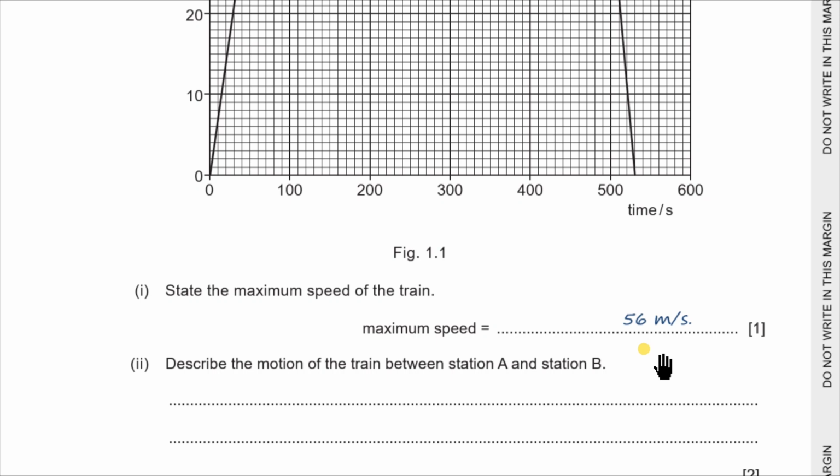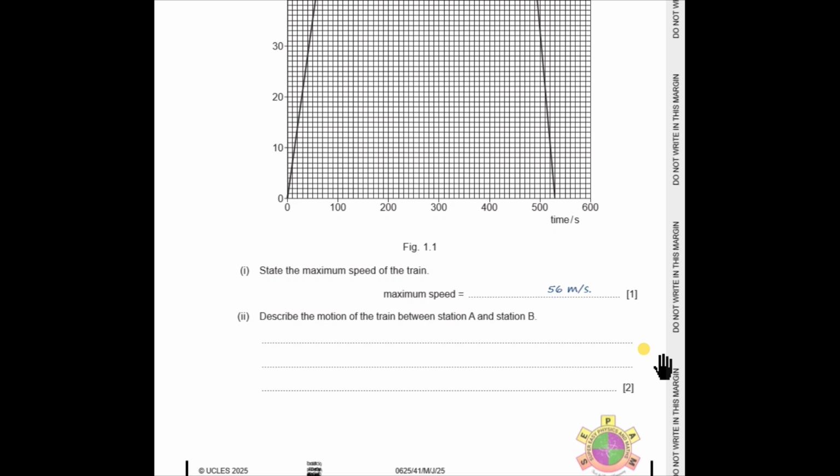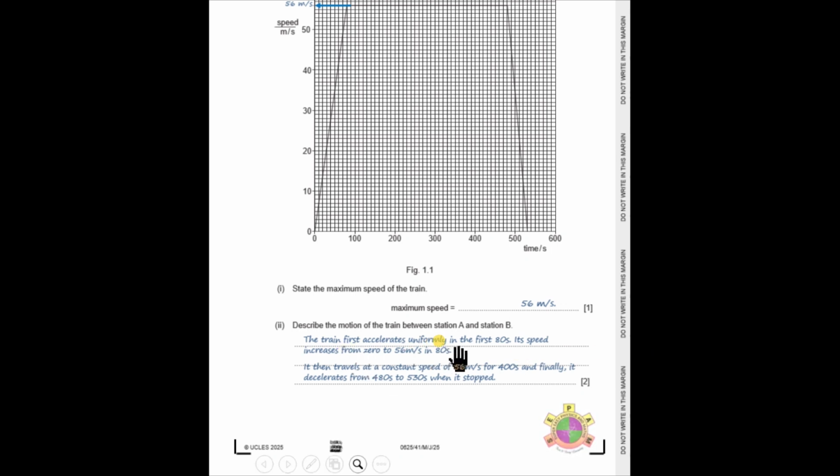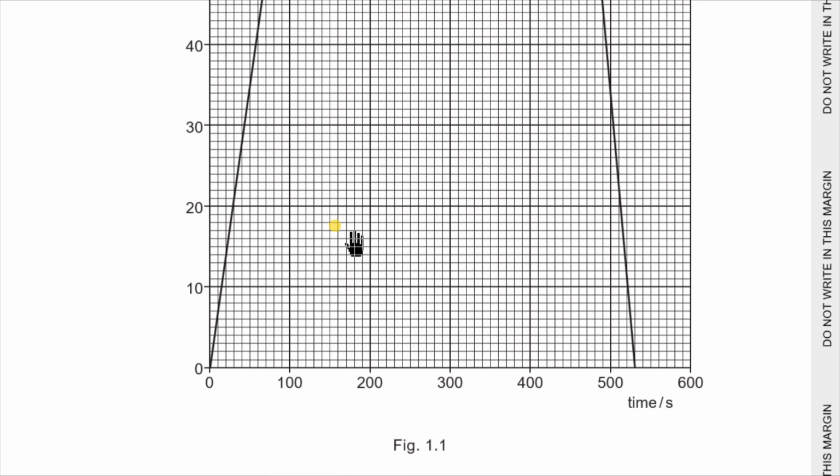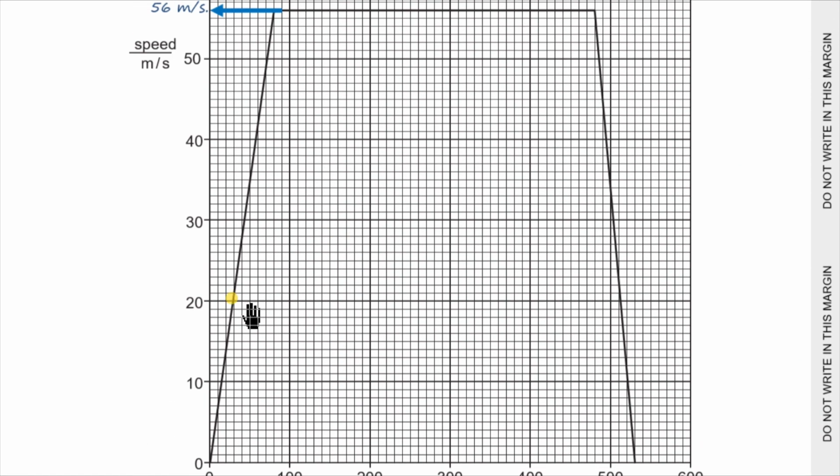Describe the motion of the train from station A to B. So what we have to say at this point here, let me bring everything down so you can see. The train accelerates uniformly in the first 80 seconds. Why do you say 80 seconds?